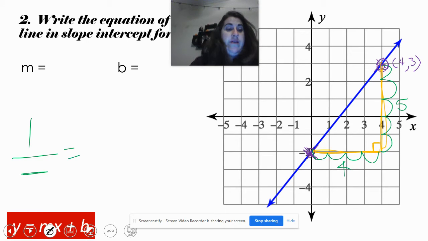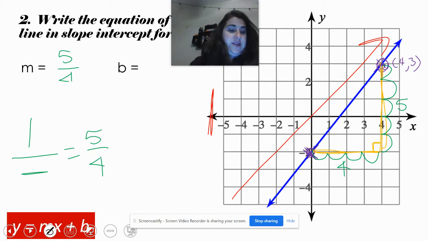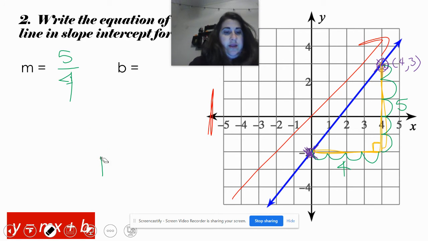So 5 on top and 4 on the bottom. So my slope is 5/4. Let's check to see if it's positive or negative. If I start over here, my line's going up, so it's going to be positive. And now I just need to figure out, oh my gosh, sorry guys, this is a mess here. Let me write my 4 in a proper way.